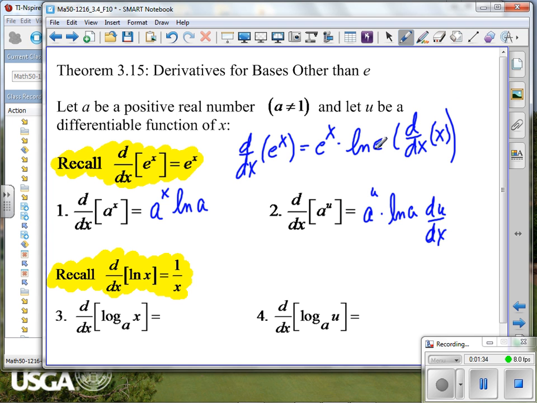Now, what is the natural log of e? E to what power? Now let's do it this way.